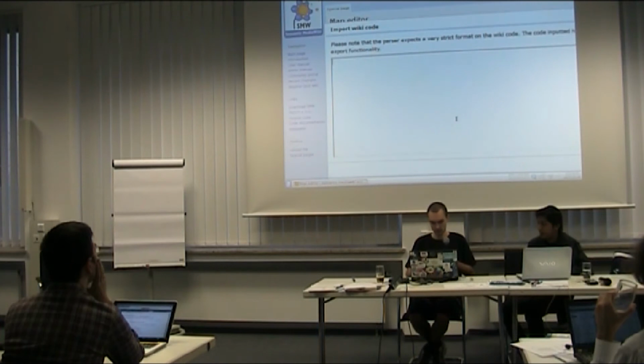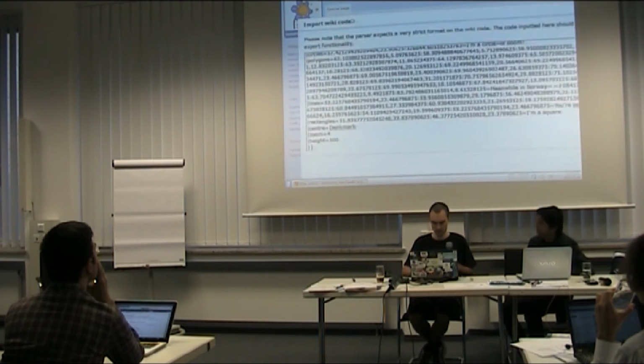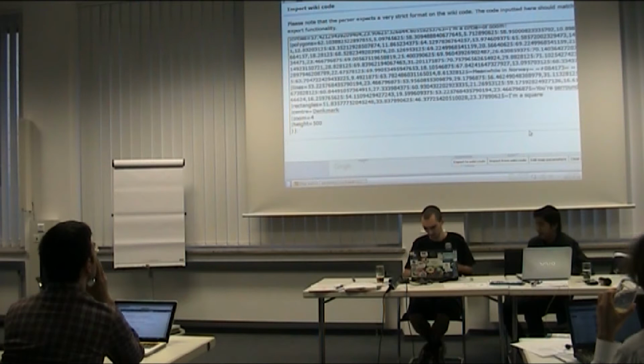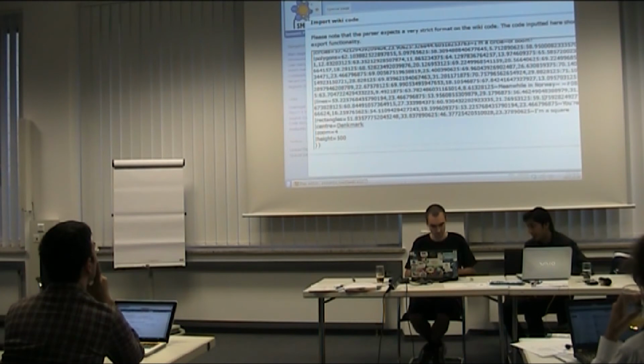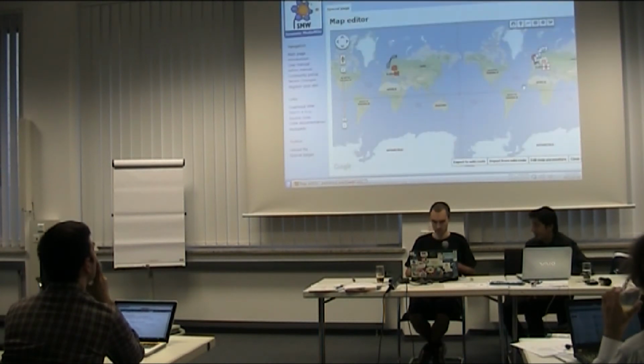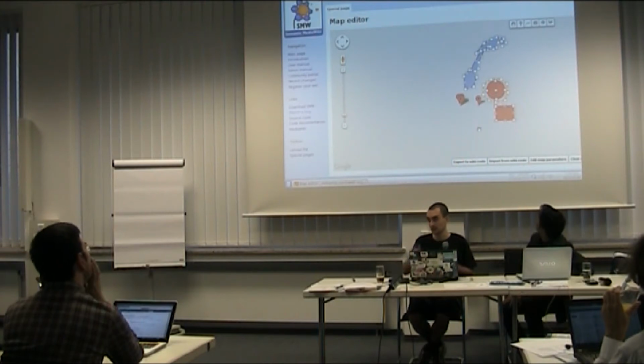And now I can click import, add the text, and yeah, my laptop is having problems with the screen size. So now you can see that the shapes got added. So if I zoom in, you can see it's the same map, right? And now you can go ahead, edit it, and put it back in.